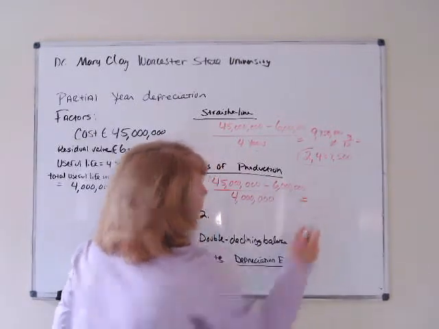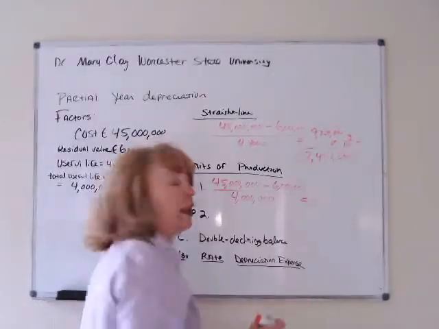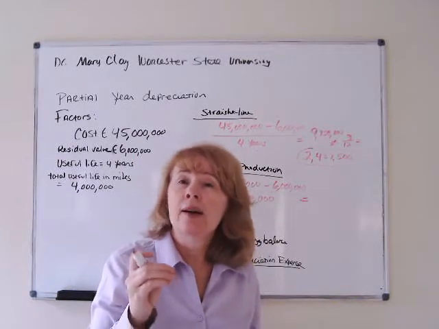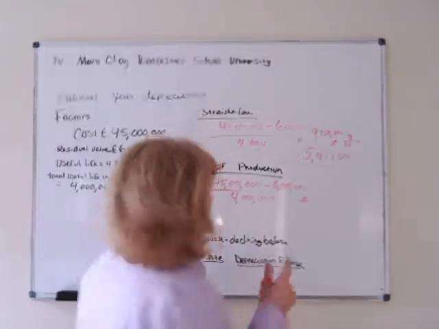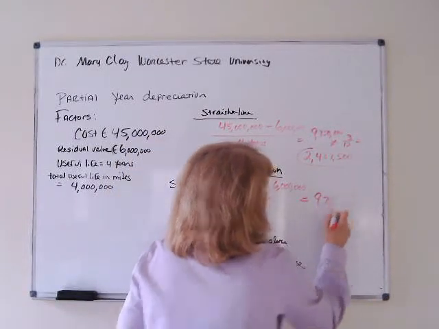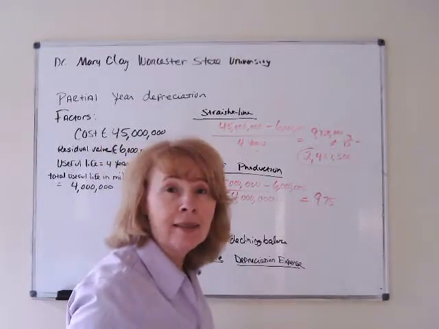I divide it out. I like decimals. Okay, so your decimal will be, and be careful with where the software is telling you to round. So you're going to round it 2 places, 9.75. Okay, so that's your rate. You're not done.